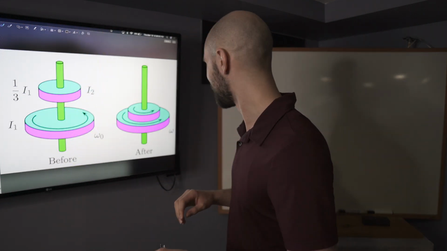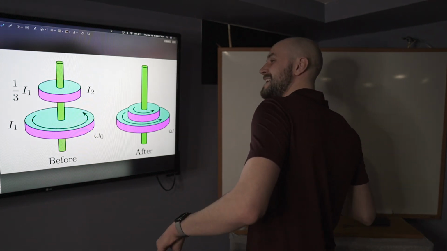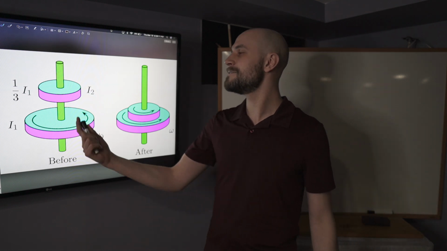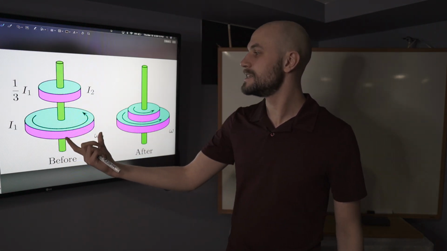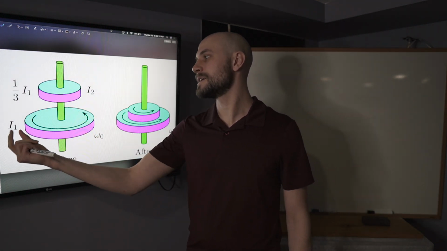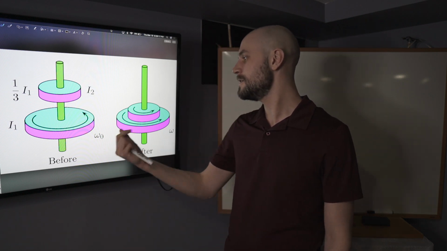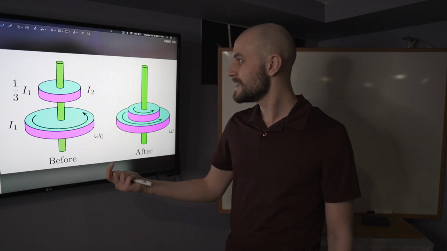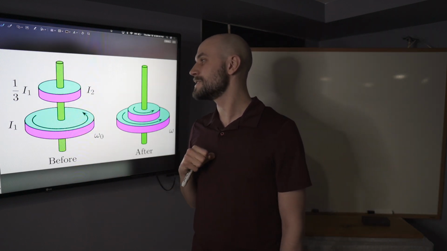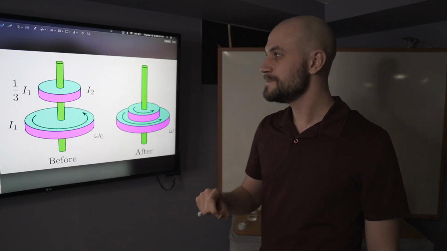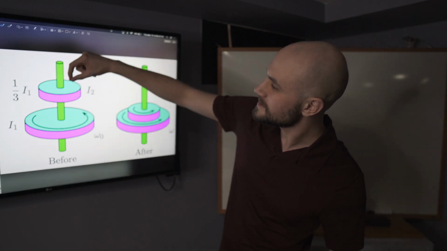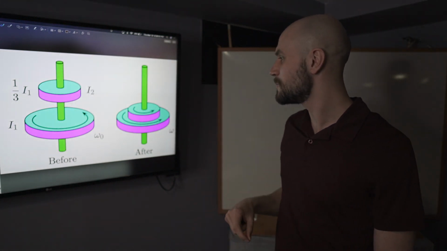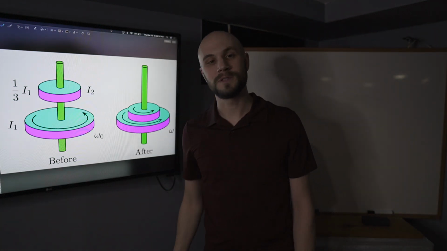Here's the situation that we're going to try to solve. We have a disk with a rotational inertia of I1, rotating at some angular velocity omega naught. The disk above disk 1 is not rotating initially, but while disk 1 is rotating, disk 2 is going to drop down on disk 1, and then the whole system is going to rotate together.